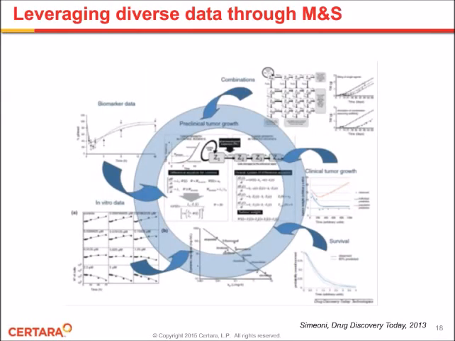An even broader view is presented here, where again there's a central tumor size model, but that then links to an even broader gamut of model types, be it preclinical, even in vitro data, clinical biomarker data, clinical tumor growth data, survival data.